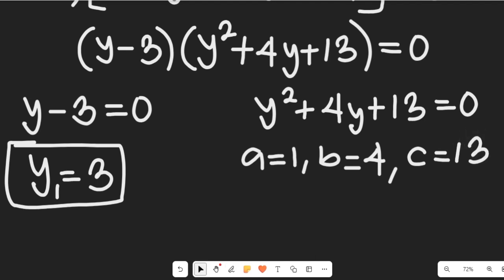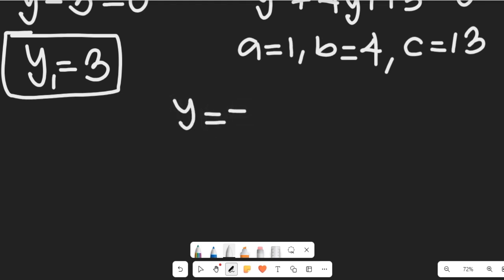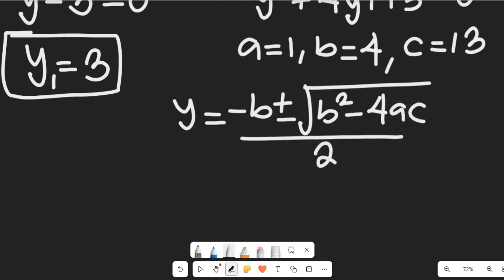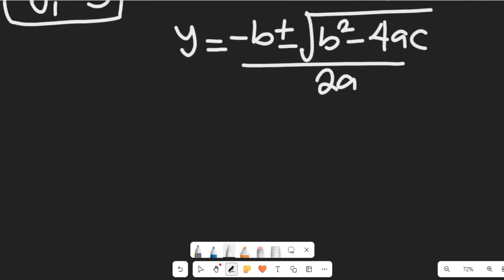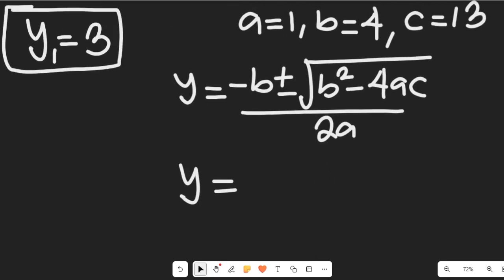If we have this, using our quadratic formula, y is equal to minus b plus or minus the square root of b squared minus 4ac divided by 2a.